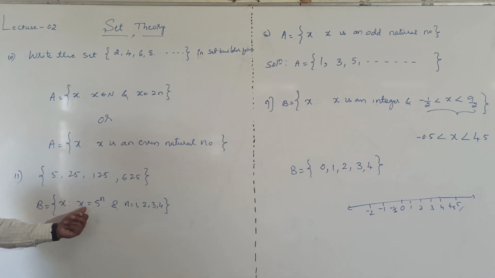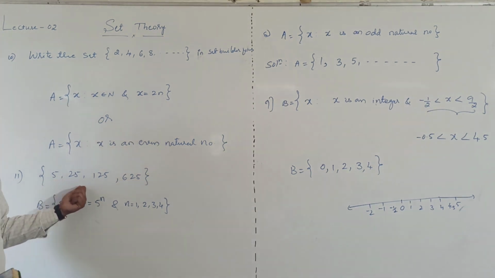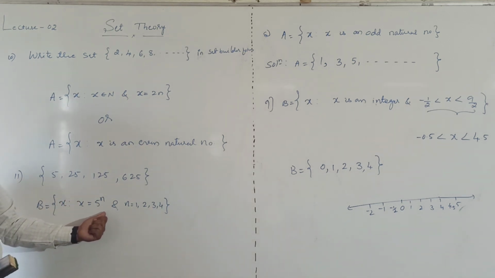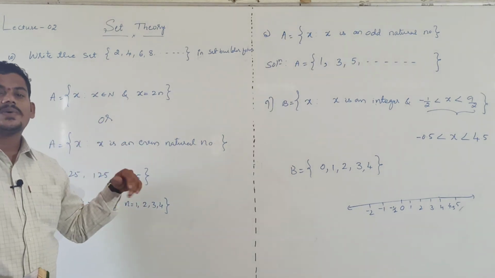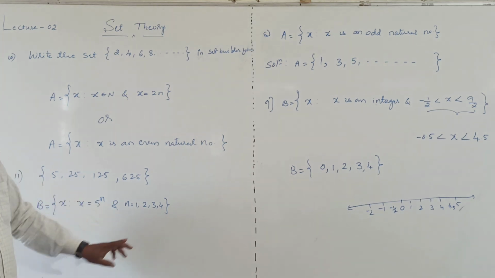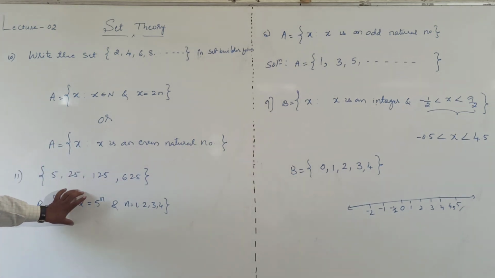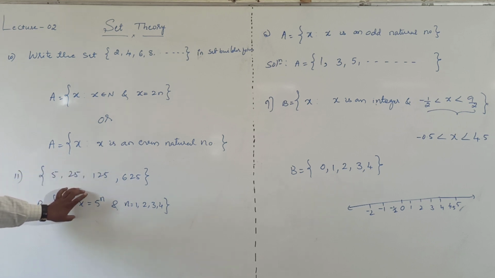Each element is a power of 5, so X equal to 5 power n. There are two restrictions: it is a power of 5, and whether the power is positive or negative. Clearly n is 1, 2, 3 and 4. This is the corresponding set builder form. The roster form was given, and this is the corresponding set builder form.